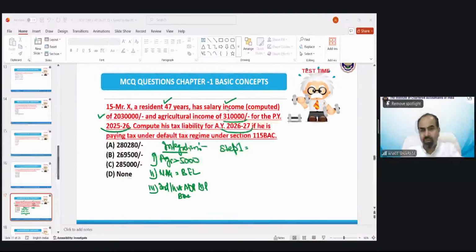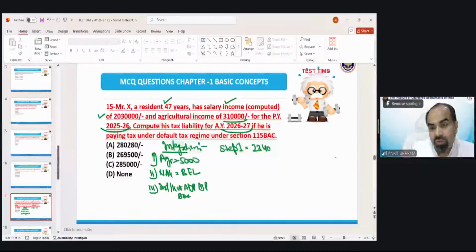Absolutely correct. Well done. So, step number 1, we calculate tax on income 23 lakh 40,000 as per normal provision of default tax regime. And the tax would be 2,85,000. Now, step number 2.